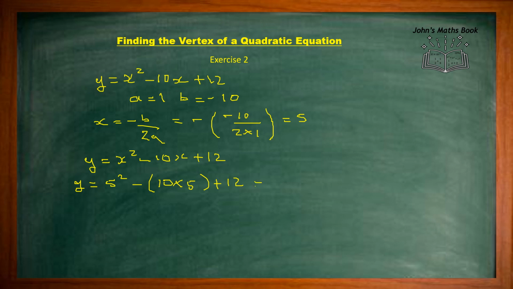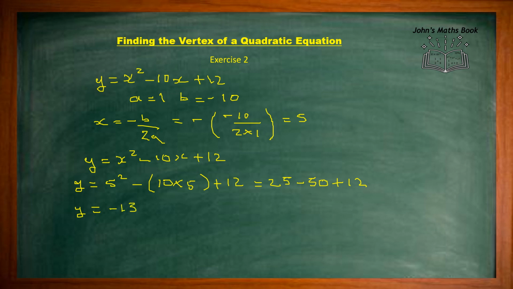So that is equal to 25 minus 50 plus 12. So y is equal to 25 minus 50 is minus 25. So minus 25 plus 12 is minus 13.